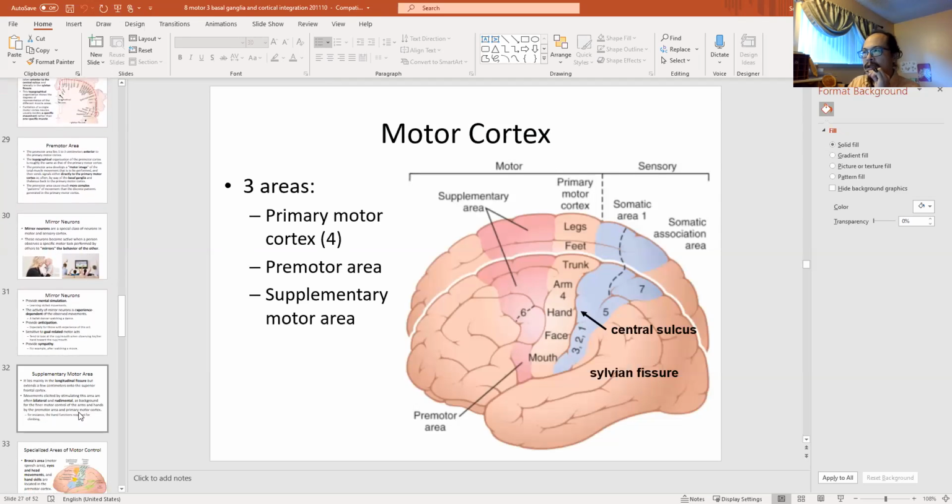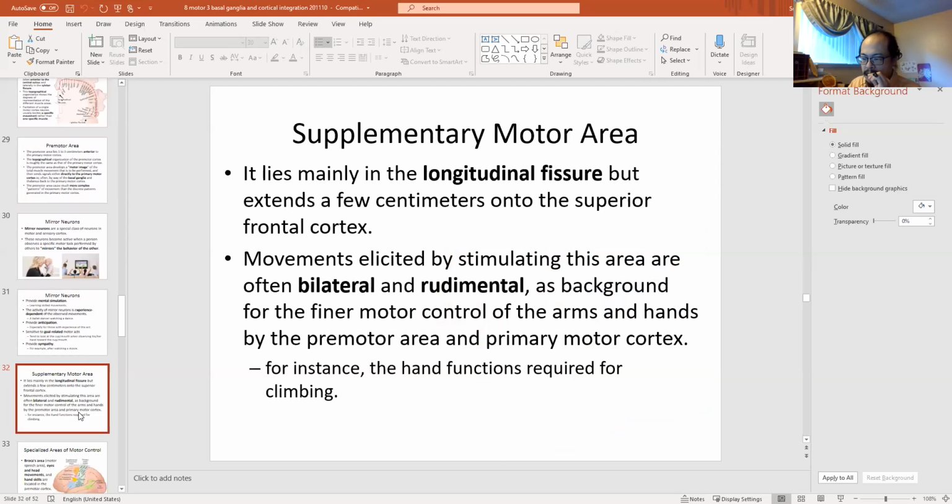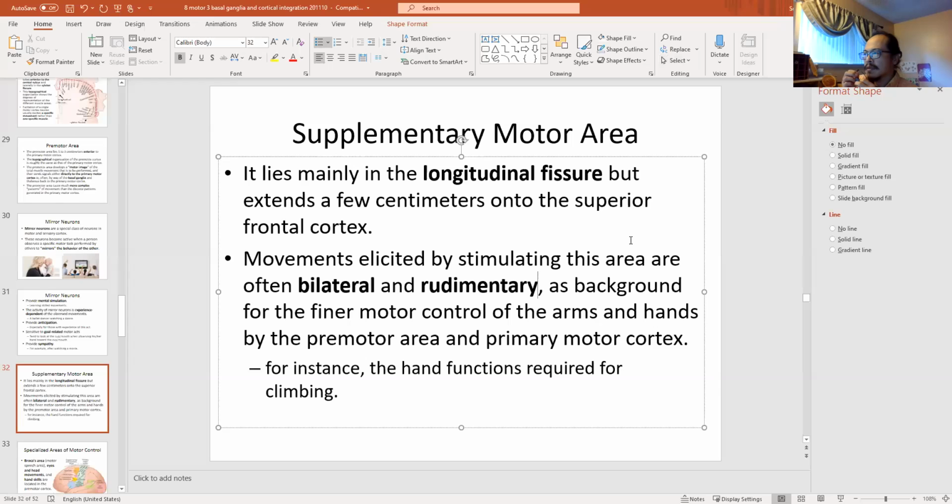What's the function of the supplementary motor area? It is to support. It basically provides some bilateral and rudimentary movements that serve as a background. You have all these movements, but some are like background.